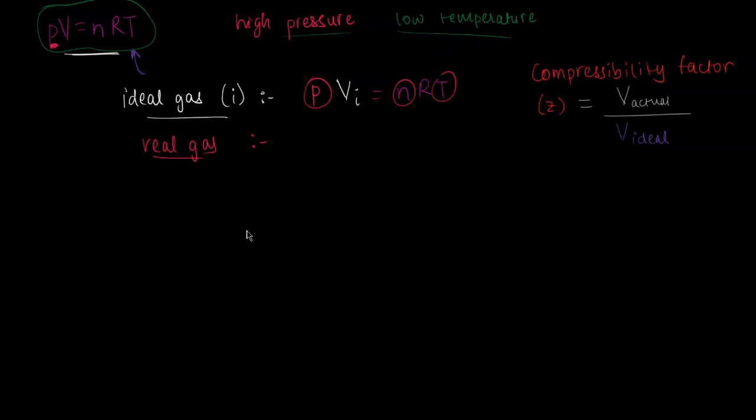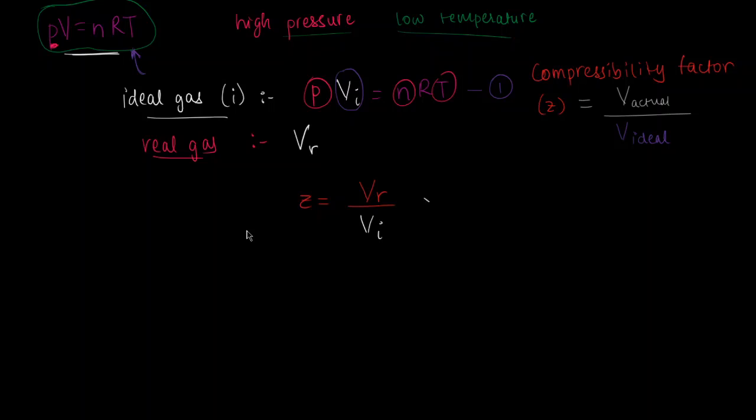Let's try using this definition in this equation. Since this first equation is true, instead of V sub I, if the volume of the real gas was capital V sub R, then we can write that z is equal to V sub R, the real gas's volume, divided by V sub I, the ideal gas's volume.